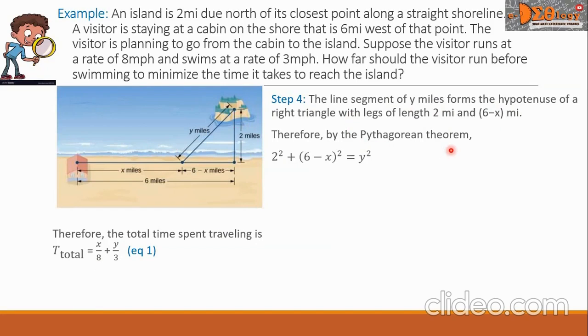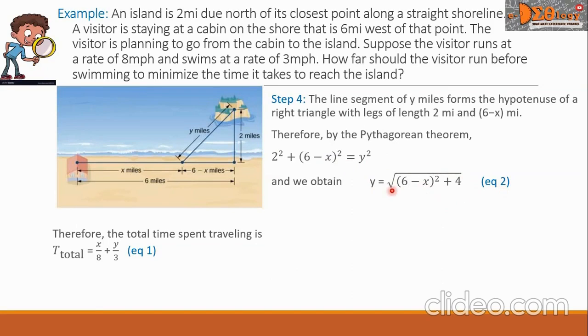Therefore, by the Pythagorean theorem, we can write 2 squared plus the square of the quantity 6 minus x equals y squared. Simplifying this, we get y equals the square root of the square of 6 minus x plus 4. This we regard now as equation 2.